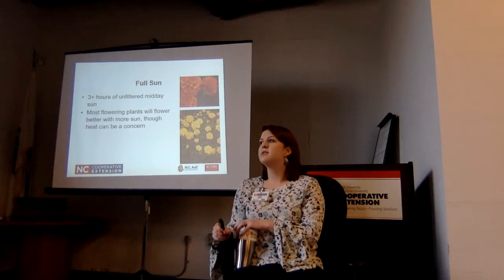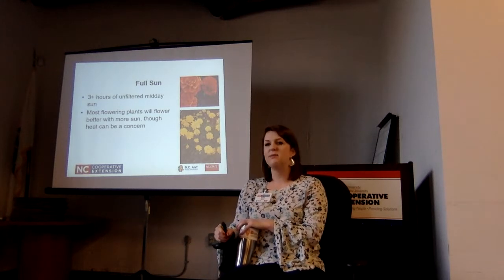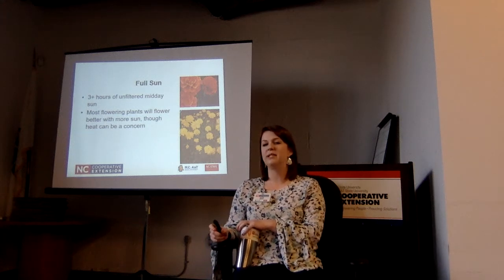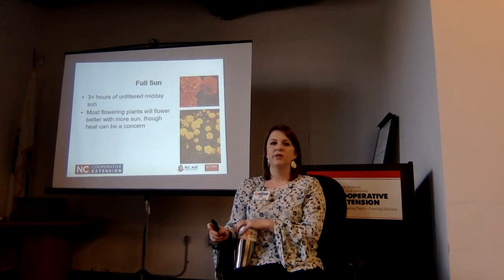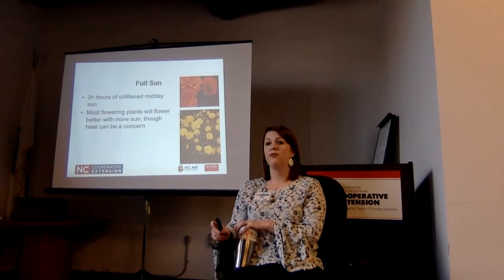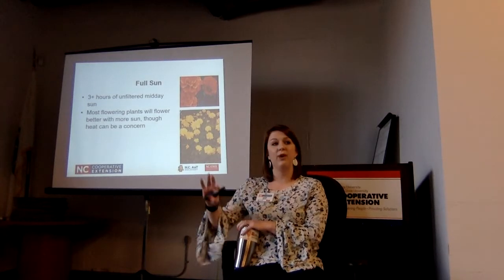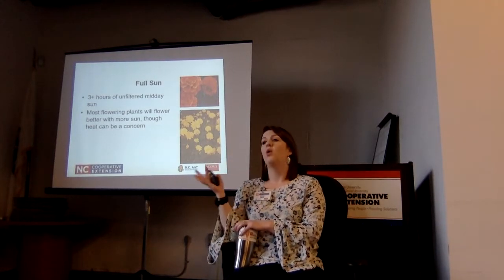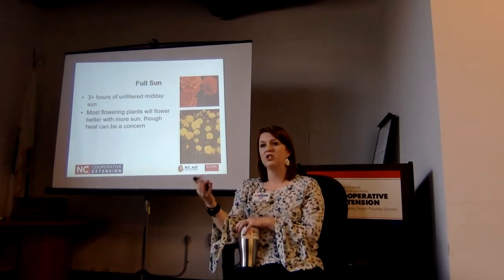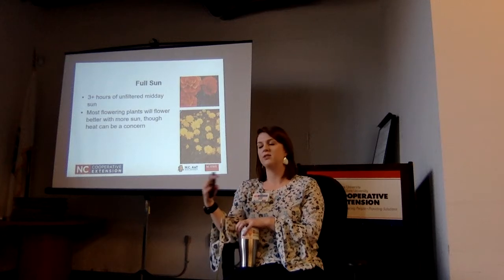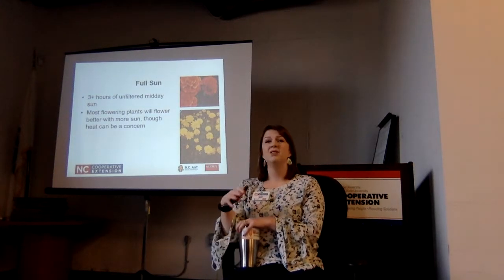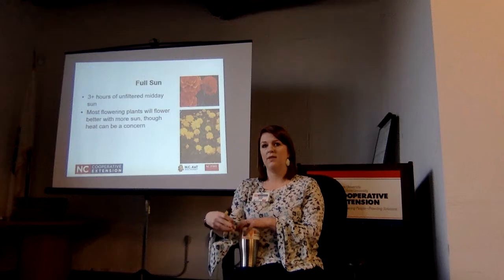So some definitions about what each one of those means. So you've got your full sun, which means you get 3+ hours of unfiltered midday sun. And that is where most of your flowering plants are going to fall. More sun is better for flowers because if any of you have had or have worked in shade gardens, you probably realize that a lot of those plants for shady areas don't have big showy flowers on them.